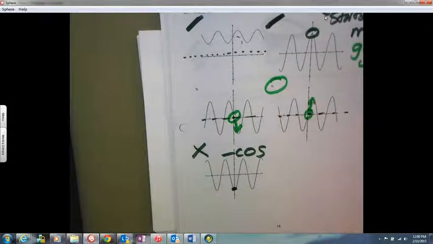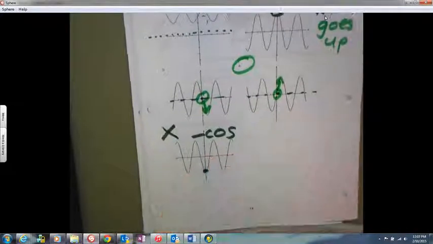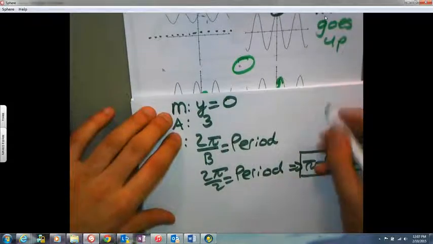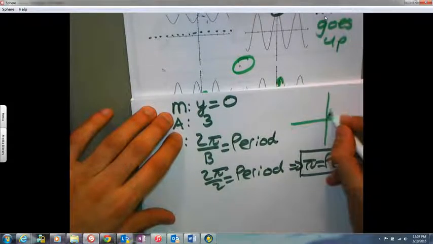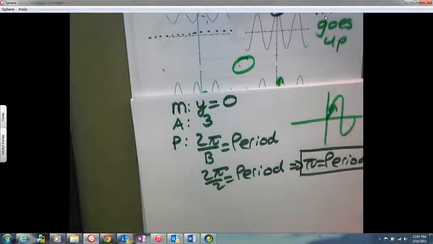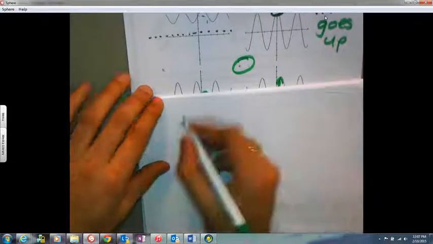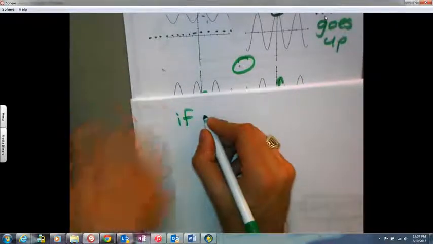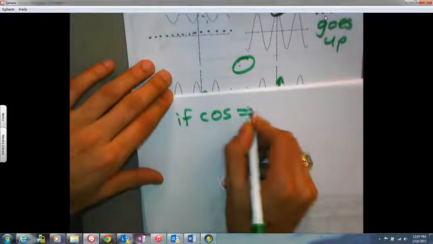Leslie. Because the sine function always, if you think about the sine graph, starts here and goes up. Starts at the middle and goes up. So if the front number was negative, we can write this simply: if you have cosine, then you start at the max.